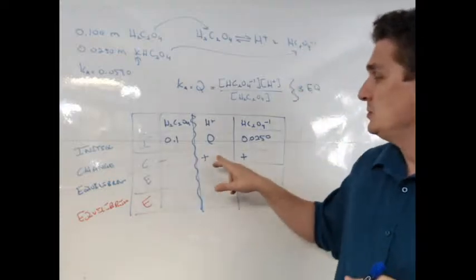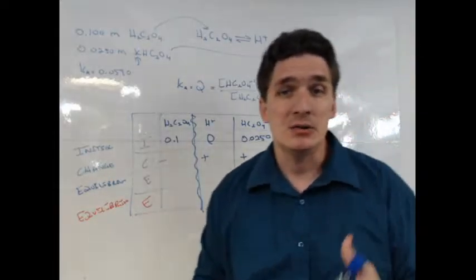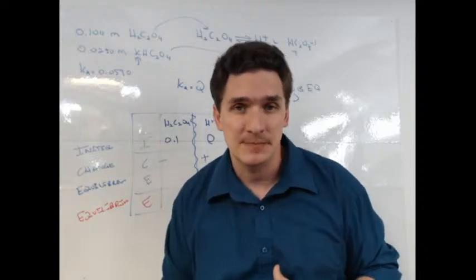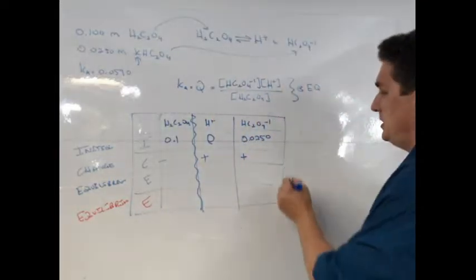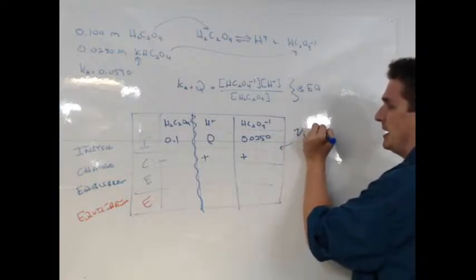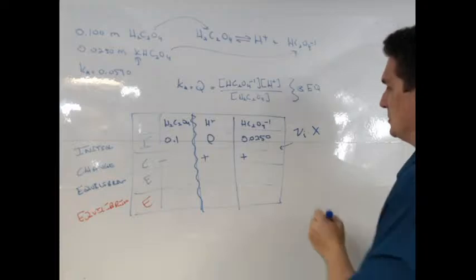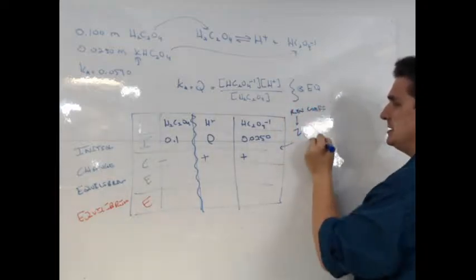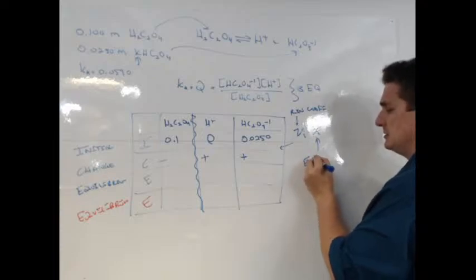Now, what is the actual change? Well, it's an equilibrium reaction. There's no such thing as a limiting reagent because we never go to completion. So our change here for each row is the reaction coefficient times X. So this is our reaction coefficient, and X here is the extent of reaction.